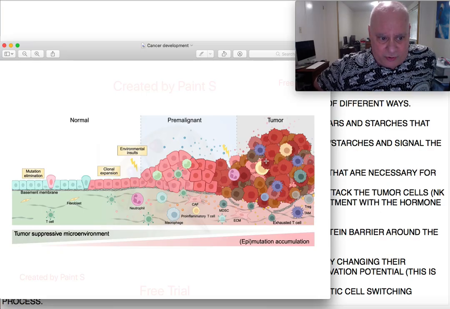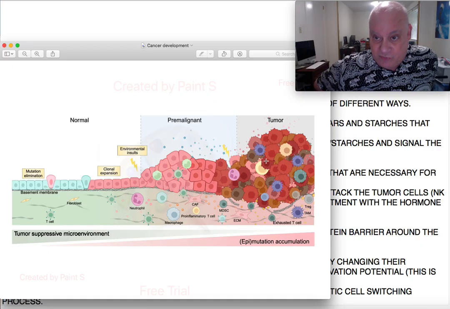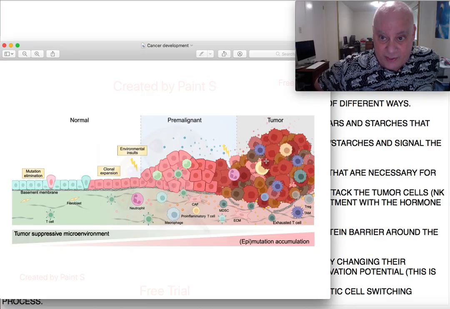So in order for a cell to truly develop into a cancer, the tumor cell has to be able to avoid destruction by the immune system. It has to have a way of avoiding the immune cells. And there's a number of different ways that cells can do that, which we'll talk about today.